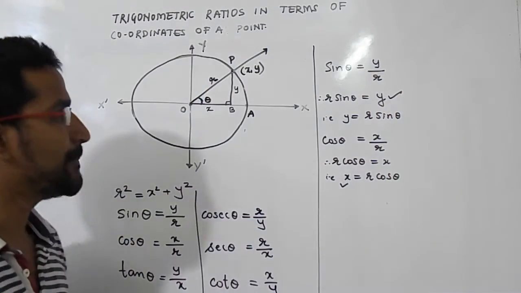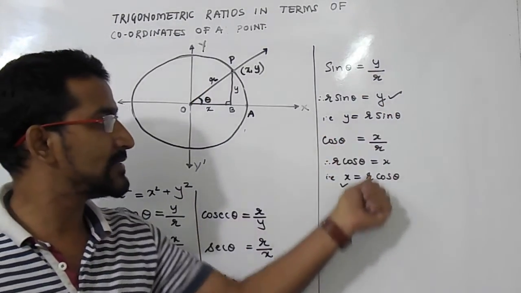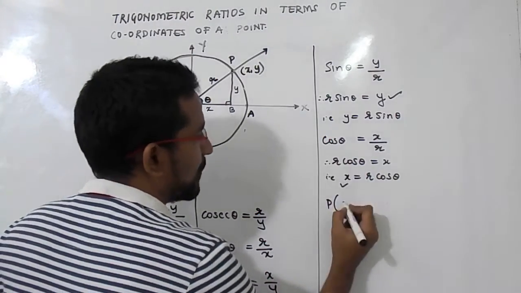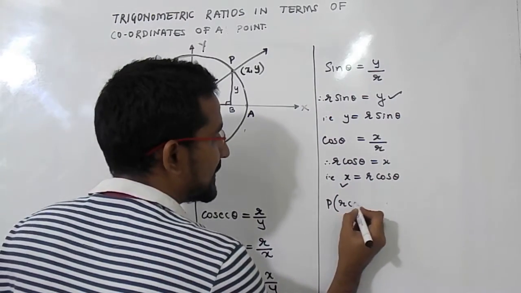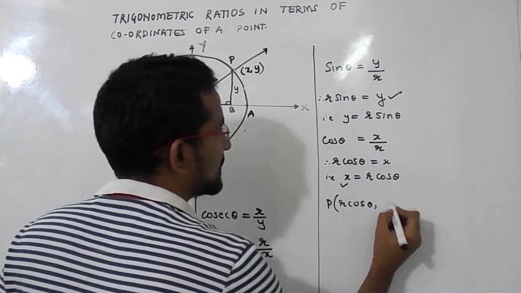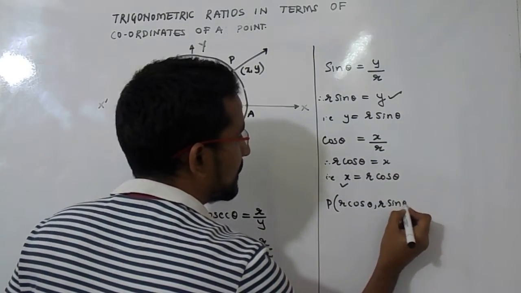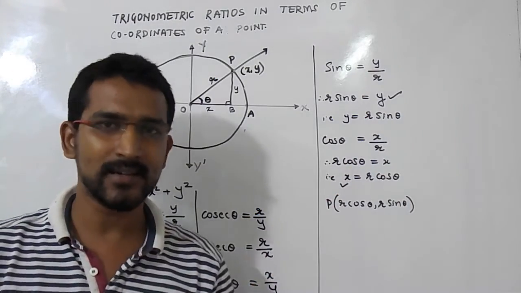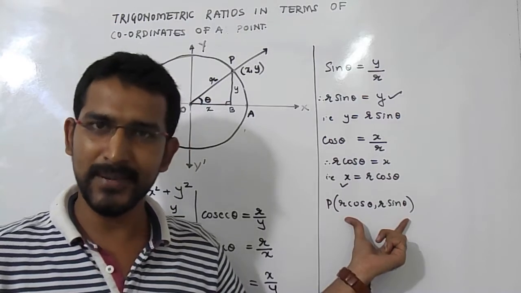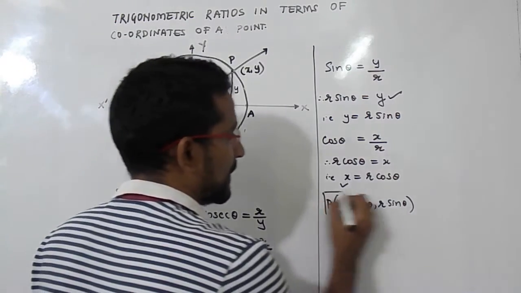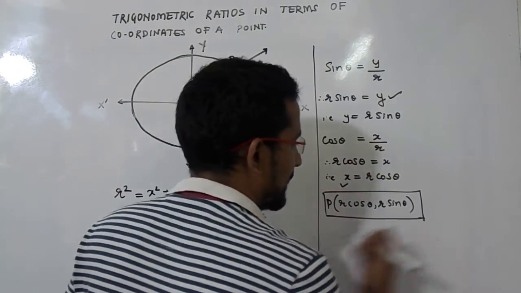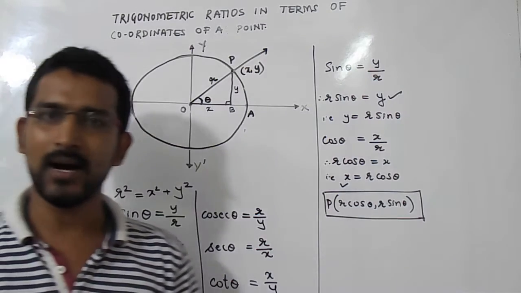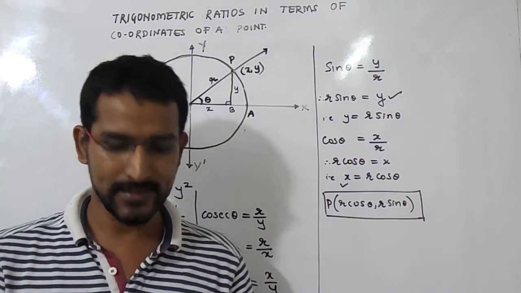The coordinates of P. So the polar coordinates of P are x equals r cos theta and y equals r sin theta. This result will be useful in the next class, so write this formula also: the polar coordinates are r cos theta and r sin theta.